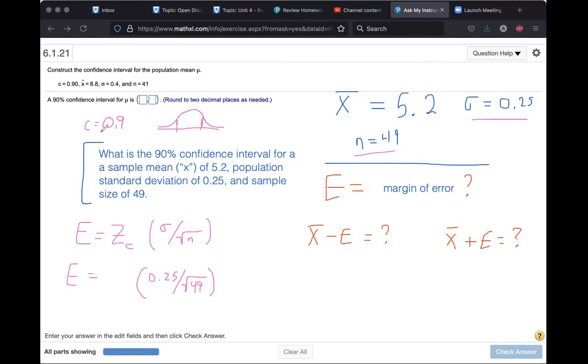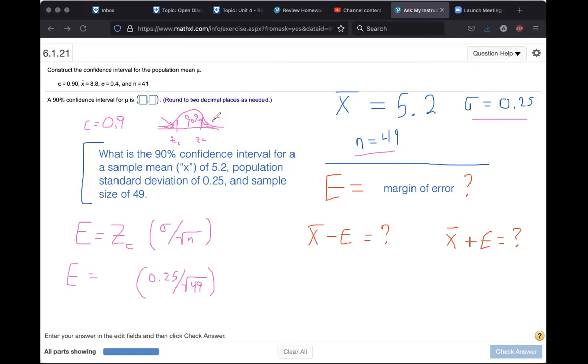Now, this level of confidence is subtracted from 100% or 1, so leaving 10%. Half of that 10% is going to go over here, and half of that 10% is going to go over here. So essentially what we're trying to find is the Z critical values associated with that so that we have 90% in the middle. That's what we're trying to find.